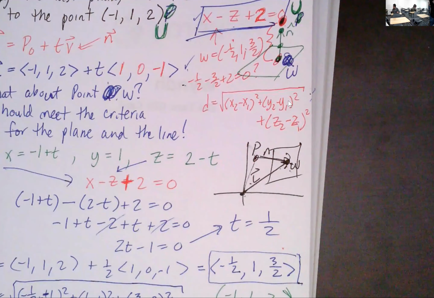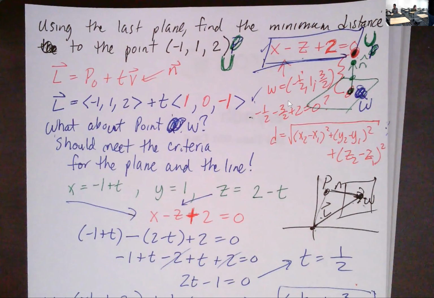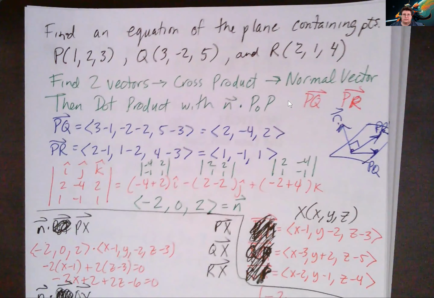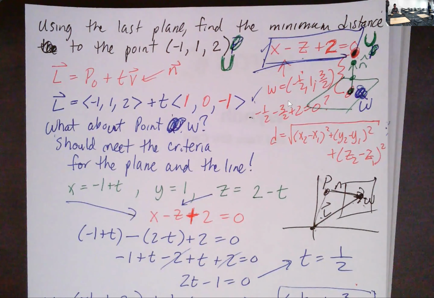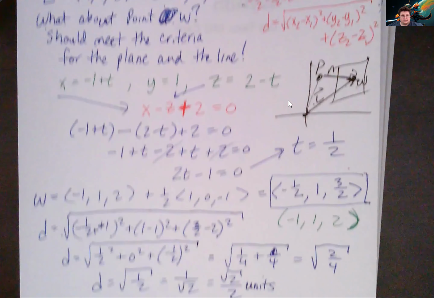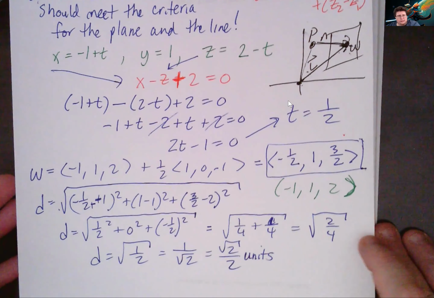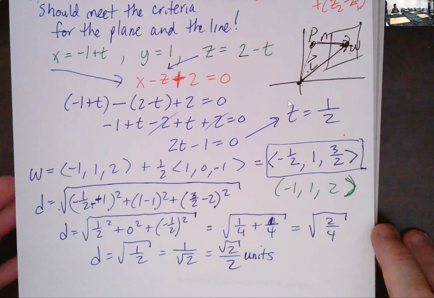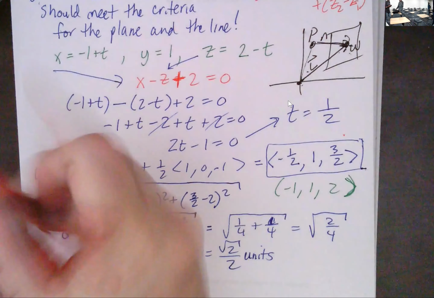Mr. Jones, real quick, can you show the top, the original part of the question where it gives us the points? The last one that we just did right now. Let's see. I don't know which point you want.